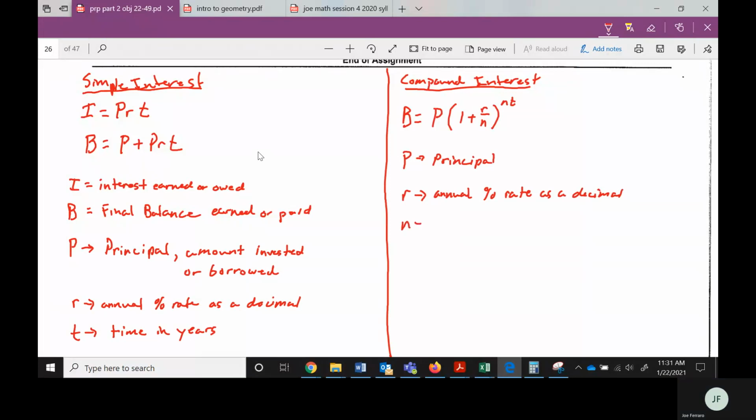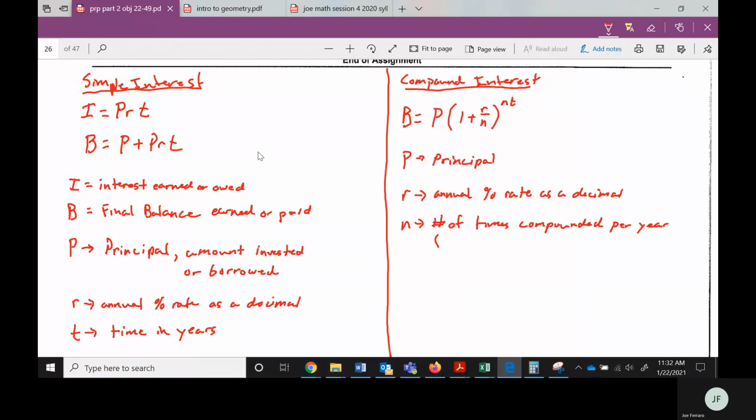N is the number of times your money is compounded, and we haven't even really explained what that means yet. Compounded per year. So if they said it was compounded monthly, that would be 12 times per year.